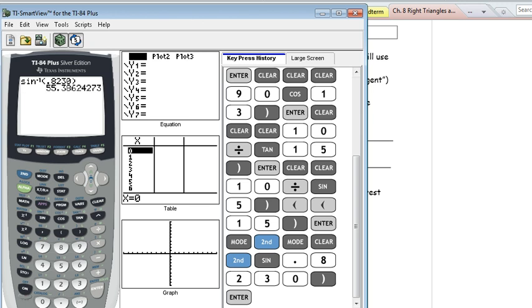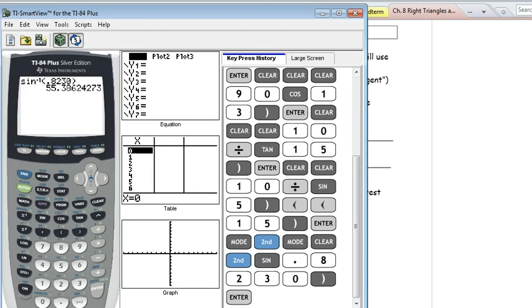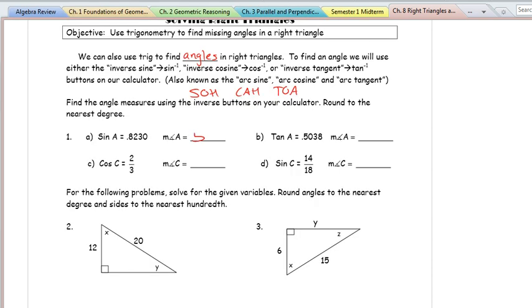So 55.39. I said round to the nearest degree, so that would be 55 degrees.